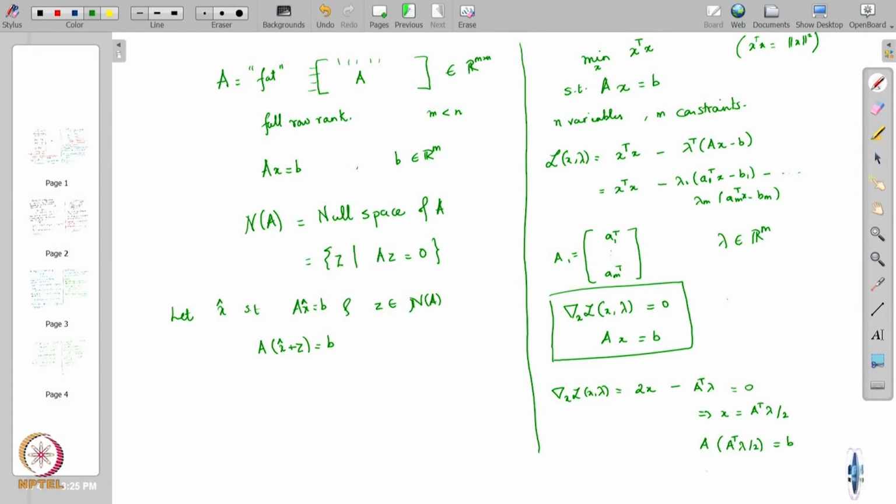So consequently, I can take this on the other side, and I have 2 times (A A transpose) inverse b. That is my lambda. With my lambda known, I can put it back here to get back my x. So, this is my lambda star, put this back here and that gives me my x star as equal to A transpose (A A transpose) inverse b, sorry, there is no 2.